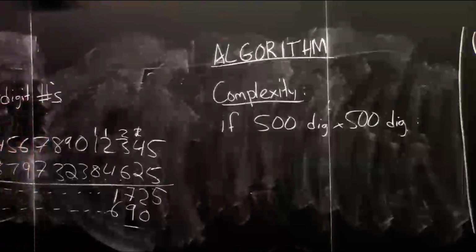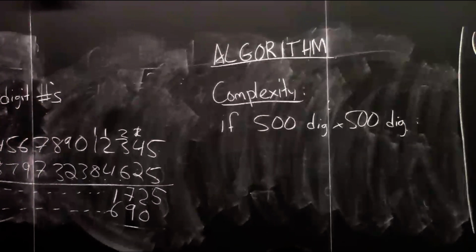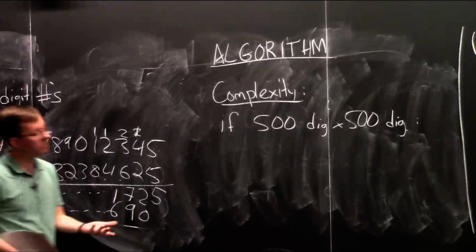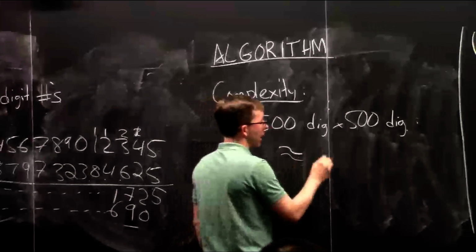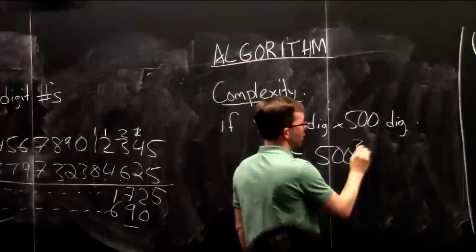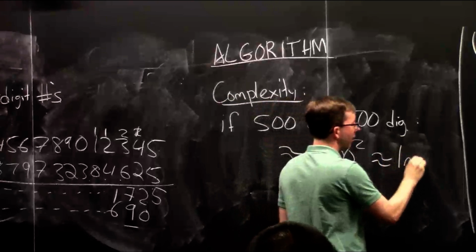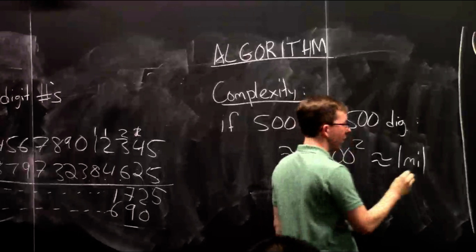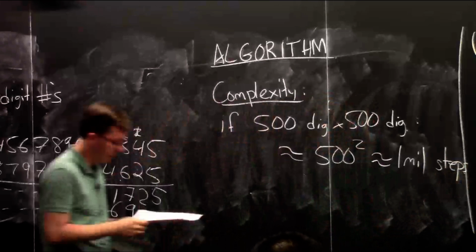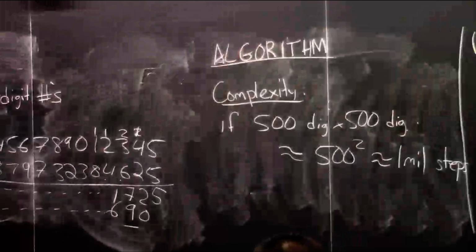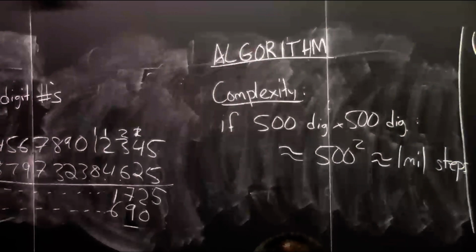Well, you have to build this big tableau of numbers. Each line is about 500 to 1,000 digits long. So, 500 times 500 steps at least. Maybe on the order of 1 million steps. Approximately 500 squared, or approximately 1 million. I'm not going to be too careful about this. Steps. Okay, and that's fine. Your cell phone can easily do that in 1 second.